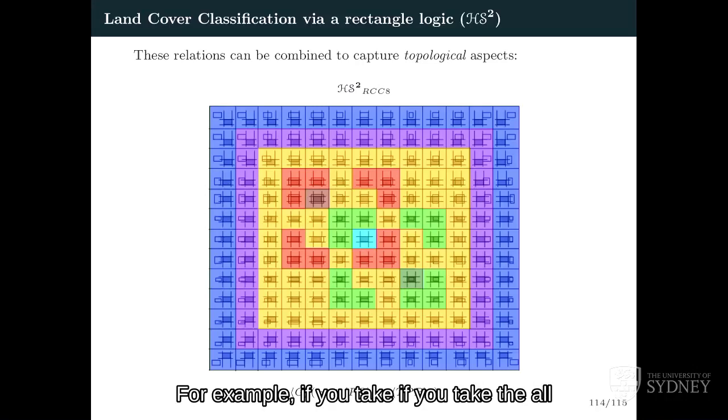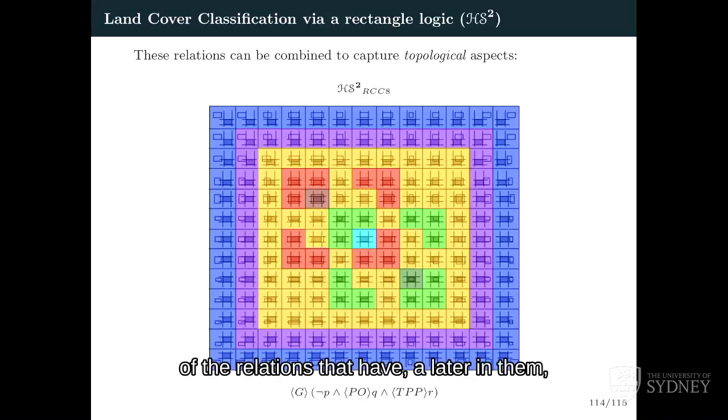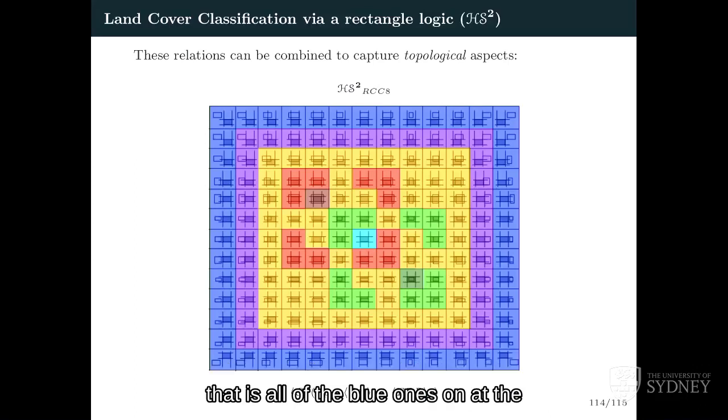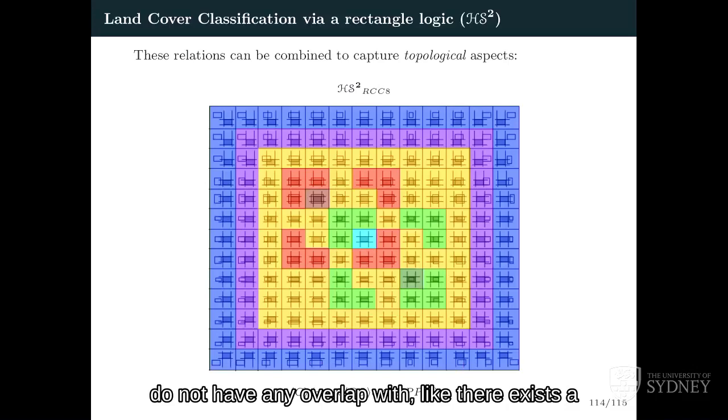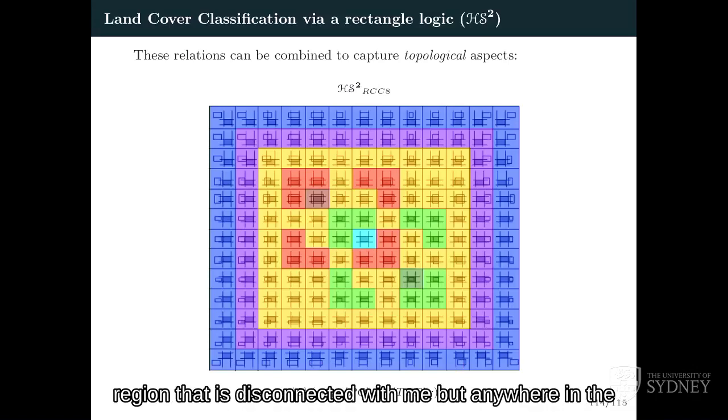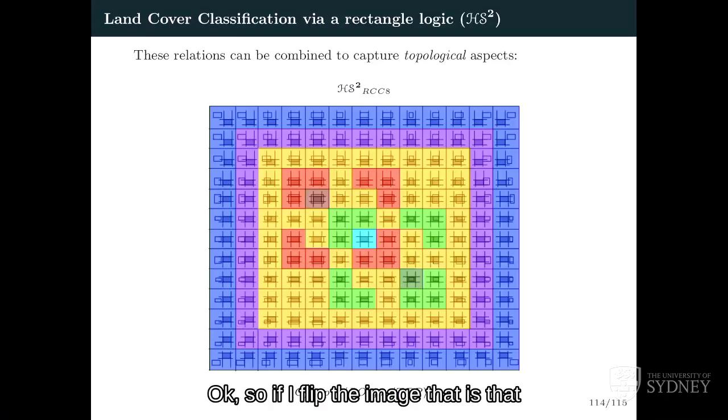For example, if you take all of the relations that have a later in them, that is all of the blue ones at the edge of this table, and you group them into one, then what you get is: there exists a region which I do not have any overlap with. Like, there exists a region that is disconnected from me, but anywhere in the image. So if I flip the image, that is invariant.